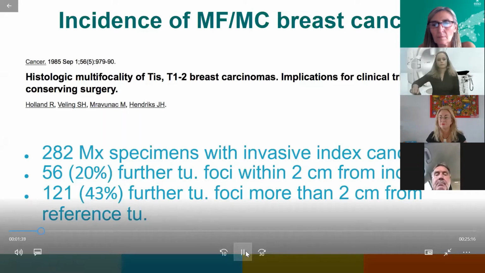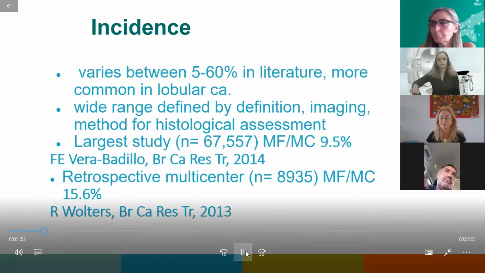So even if on investigations we could not find multifocal or multicentric breast cancer, there might be smaller tumors, satellites, within the breast present close to or further away from the original tumor. The incidence of multifocal and multicentric breast cancer also varies a lot, between 5 and 60% as reported in the literature.